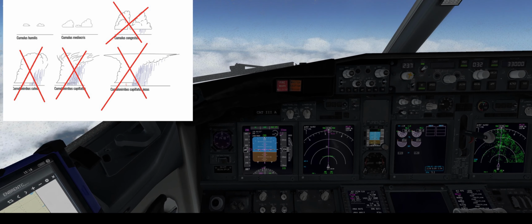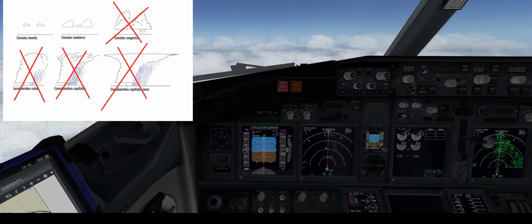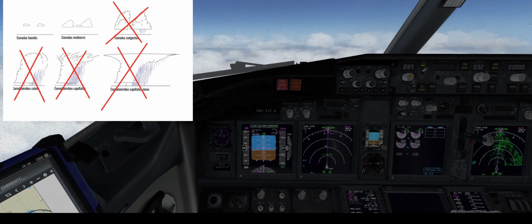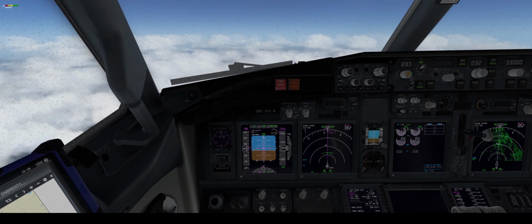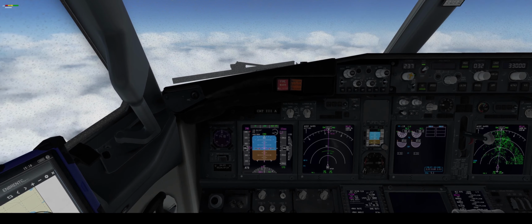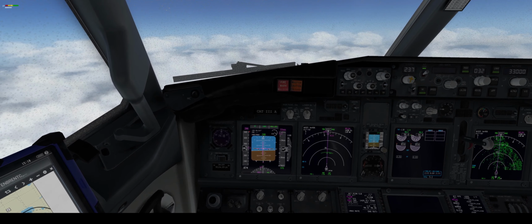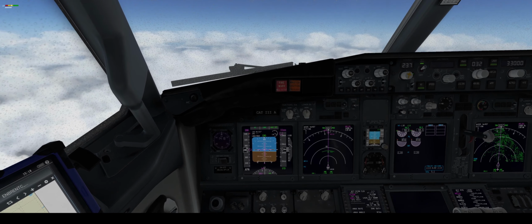So you can fly into the cumulus cloud, but you have to avoid cumulus congestus and cumulonimbus. But if your weather radar on board is workable, you can easily see that in these clouds there is a heavy rain shower area, okay? So this is the one turbulence, okay?